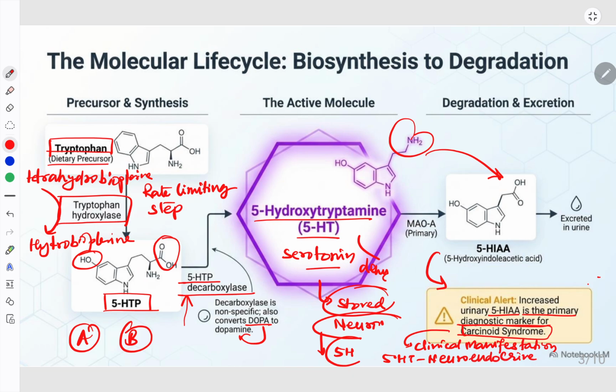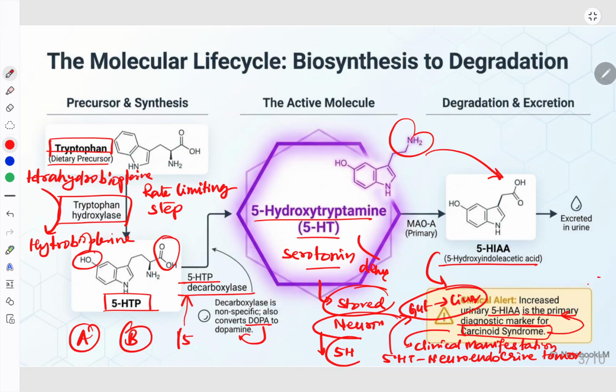These neuroendocrine tumors specifically dump 5-HT when they have metastasized from the gut to the liver. So this clinical manifestation can easily be diagnosed, whether there is 5-HT dumping or not, by measuring the 5-HIAA, that is 5-hydroxyindole acetic acid, levels in the urine.